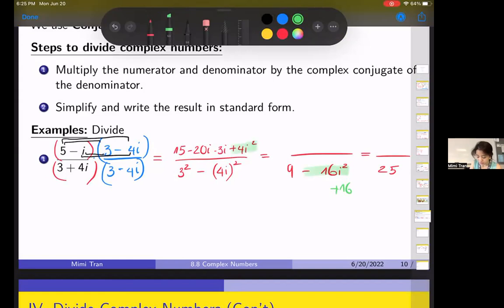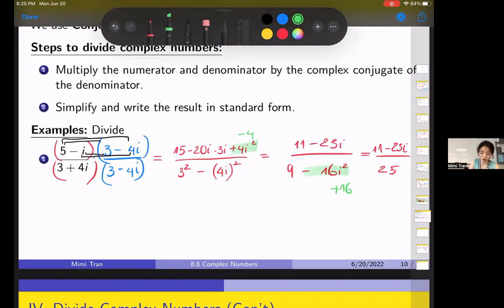And we know that positive 4i squared turns into negative 4. 15 minus 4 is 11. Negative 20i minus 3i is negative 23i. So 11 minus 23i.